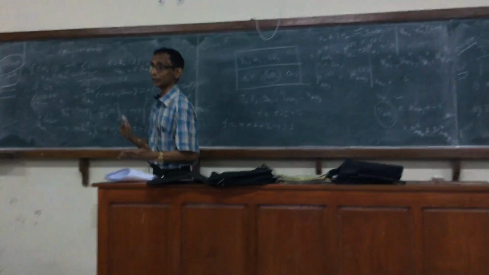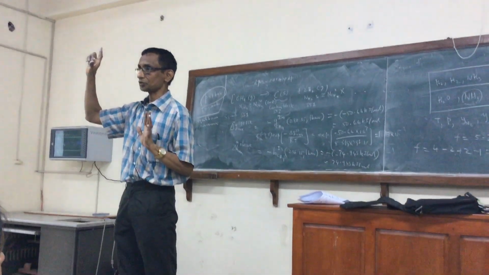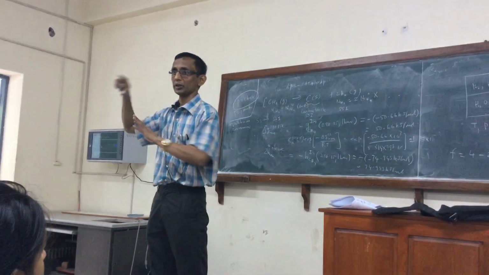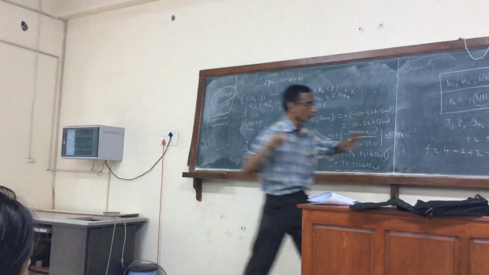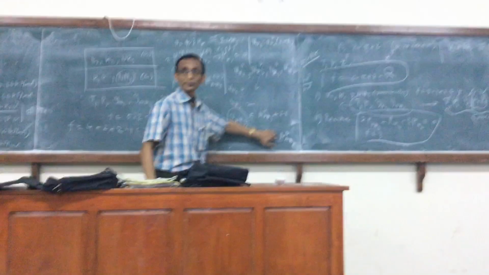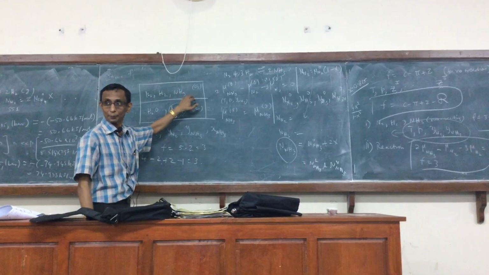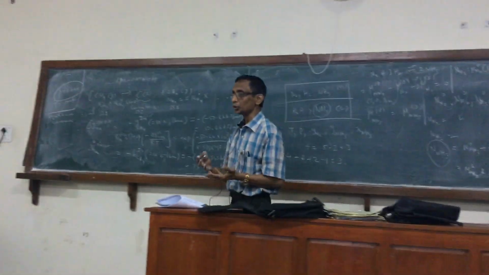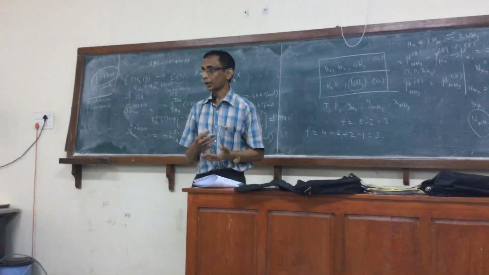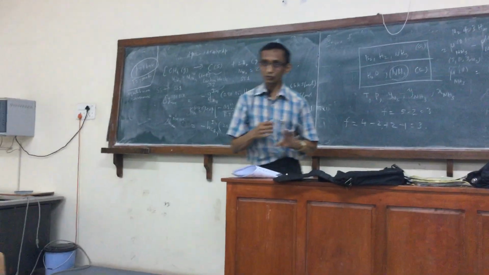There we have only one phase, so only vapor phase. So NH3 naught plus 2x will give me the total number of moles of NH3 in the mixture. But I also have to find out what NH3 L and G are separately. So we'll have now a new variable coming in.